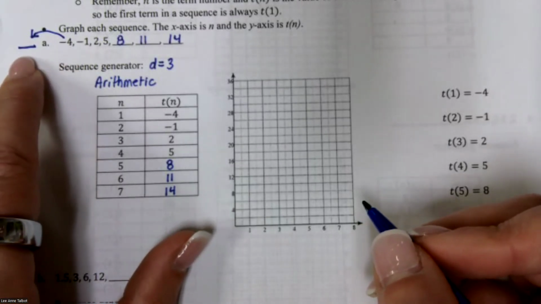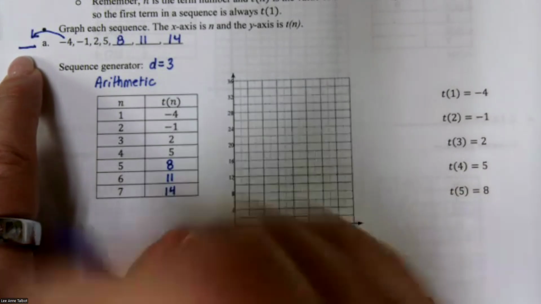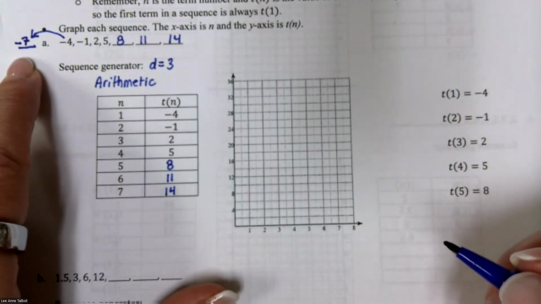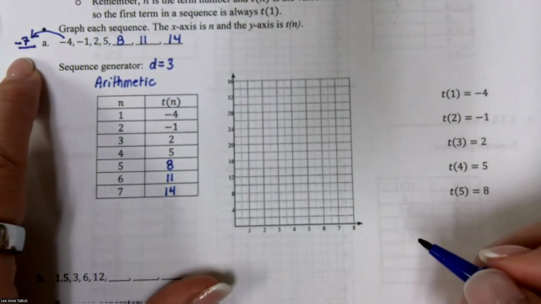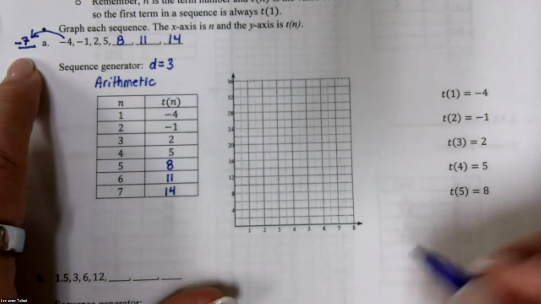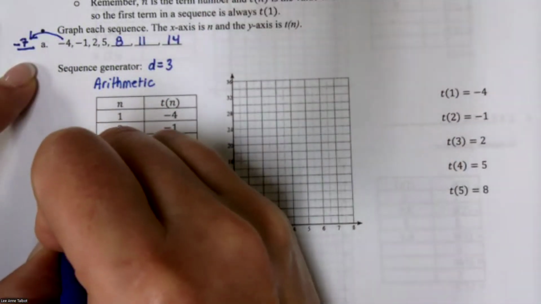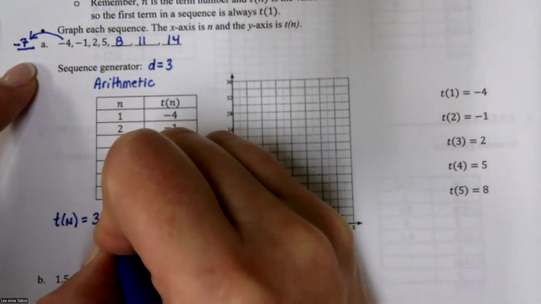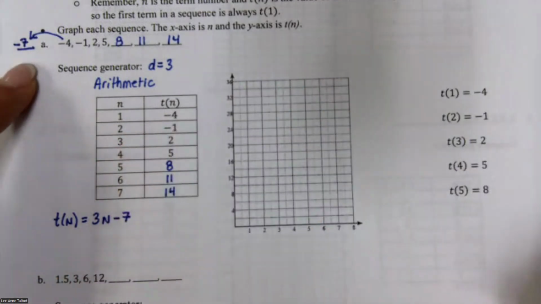Okay. What is term 0? -7. You guys all see where the -7 came from? Okay. And so my equation is T of n equals 3n minus 7.